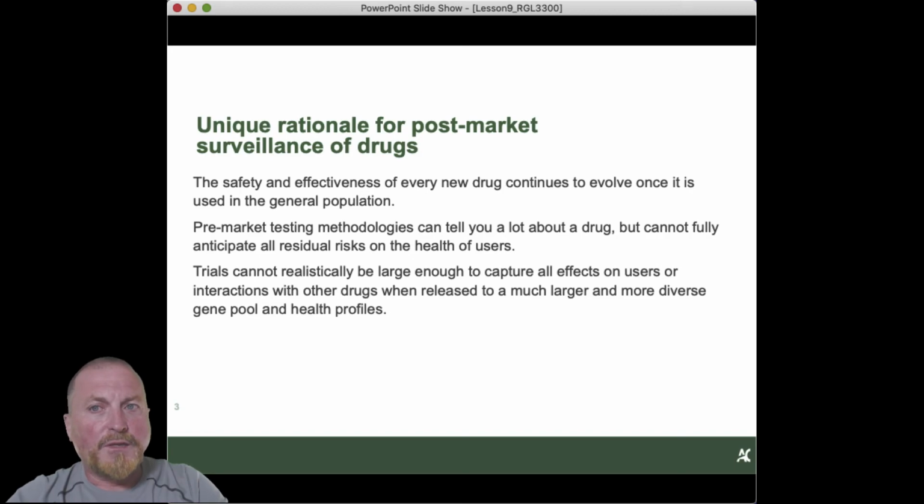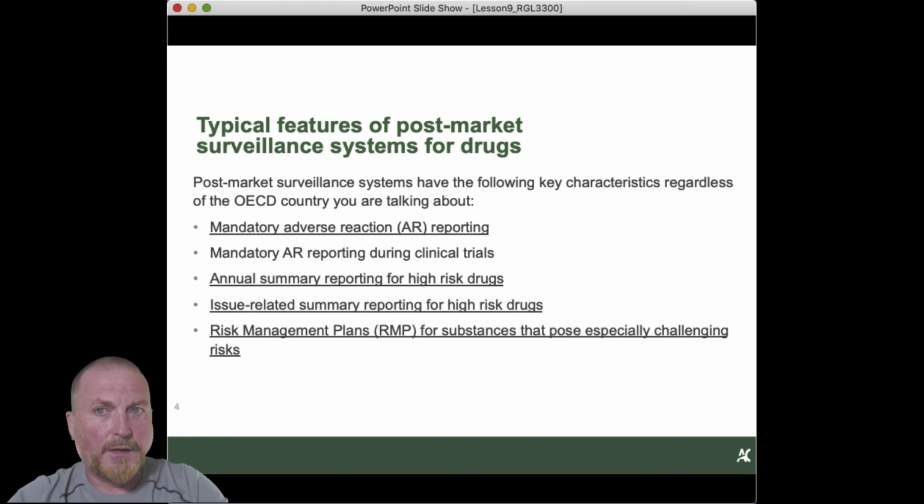And we know that when we do trials, we can't realistically completely account for all the factors that are going to be out there in the marketplace, right? So we need post-market surveillance to look at whether the residual risk that we thought was going to be there when we approved the pharmaceutical is in fact the residual risk that we find in the real world once a product is on the market.